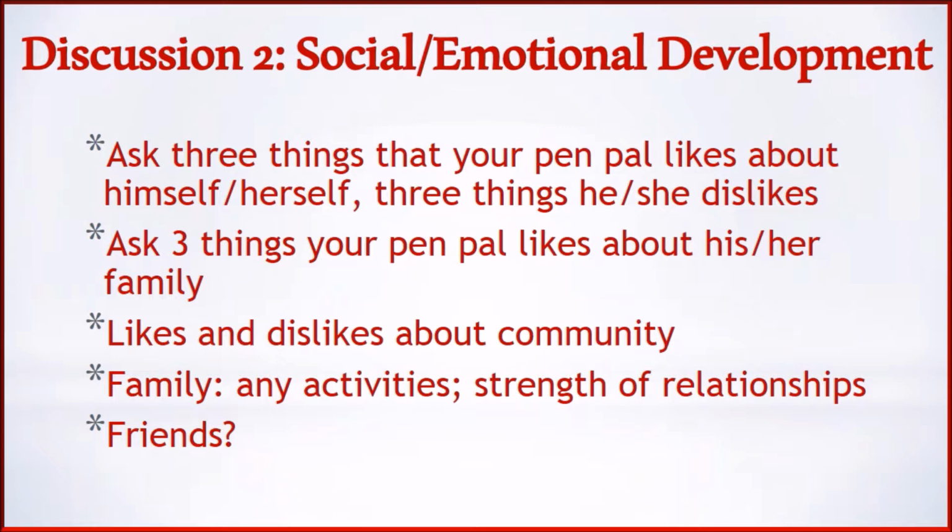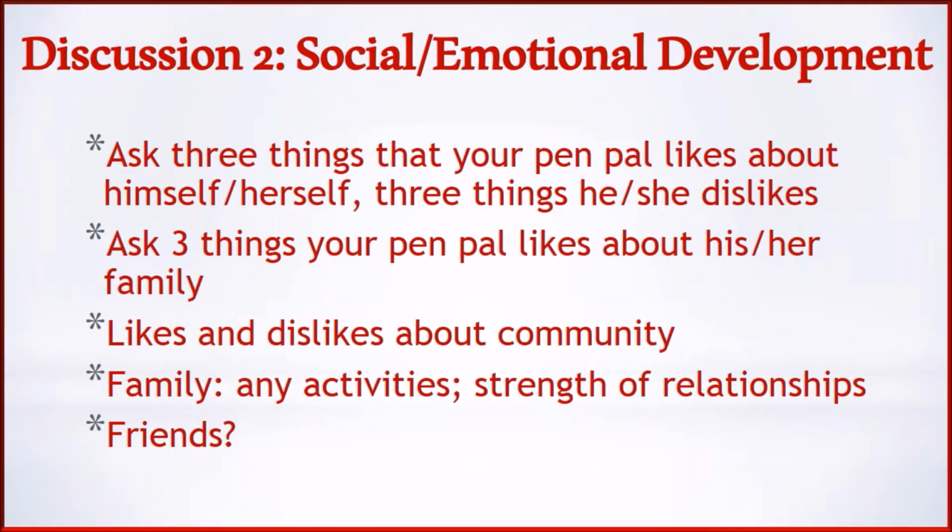I've listed some key points to talk about in this social and emotional development discussion. The first is to ask 3 things that your pen pal likes about himself or herself, and 3 things that he or she dislikes. You can spark that conversation by bringing up some things you like about yourself and some things you don't like about yourself, some things that you could improve upon.